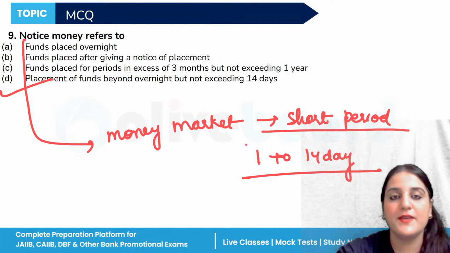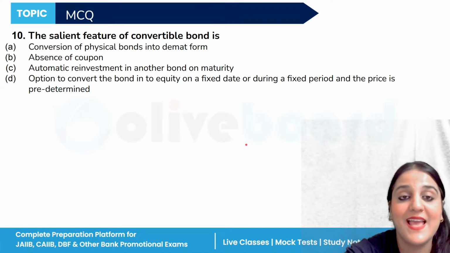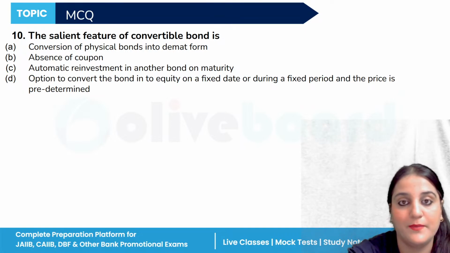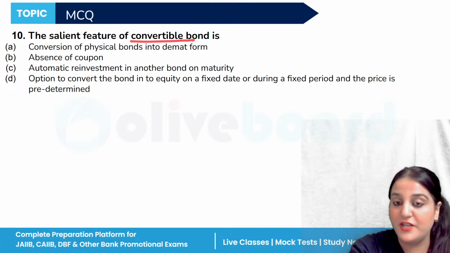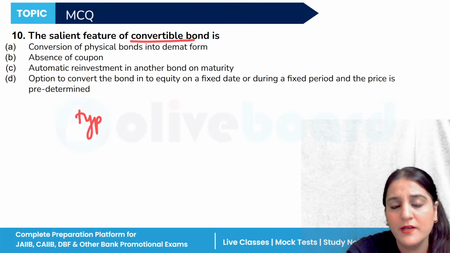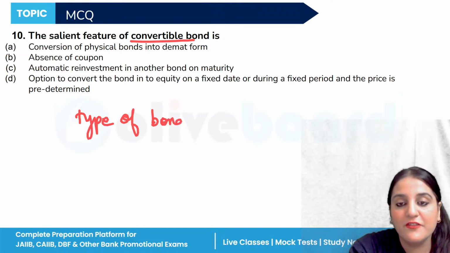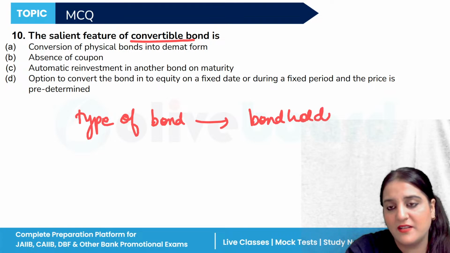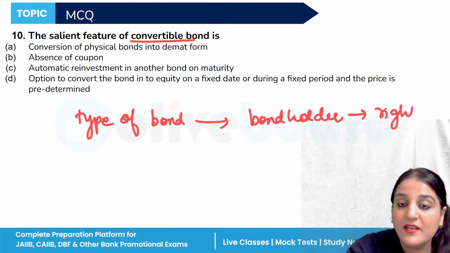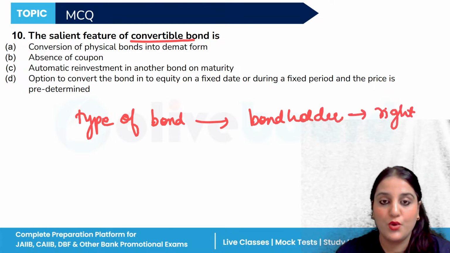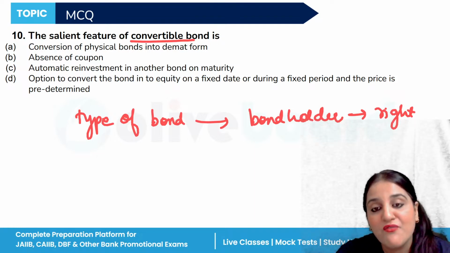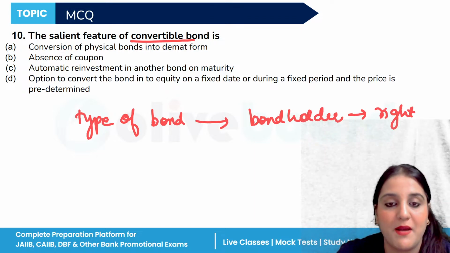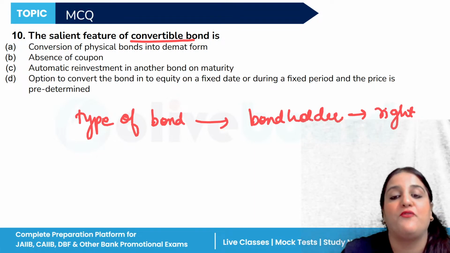Now, moving to the next one. What is the salient feature here of the convertible bond? Four options are given. A convertible bond, we know, is a type of bond that gives the bondholder the right, but not the obligation, to convert the bond into a specified number of shares of the issuing company's stock at a predetermined price within a specified time frame.